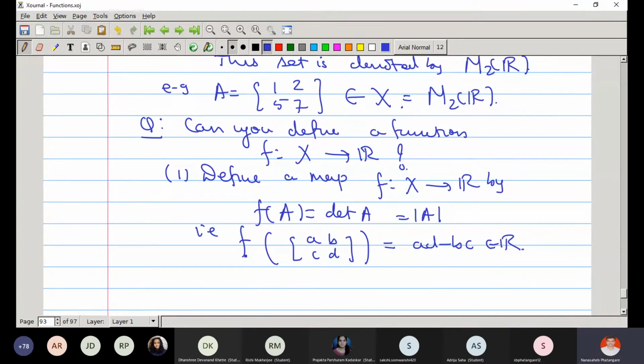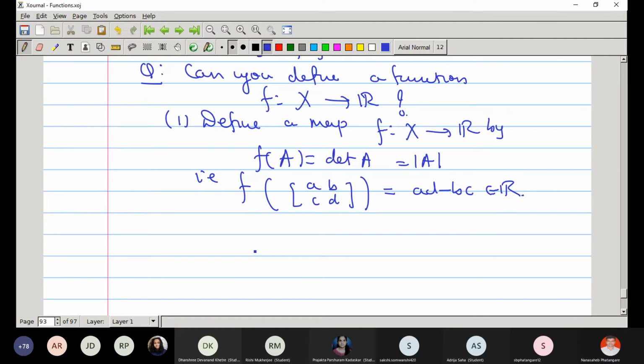Yes. You take any 2 by 2 matrix, apply determinant, it is a real number, so it is a function, right?